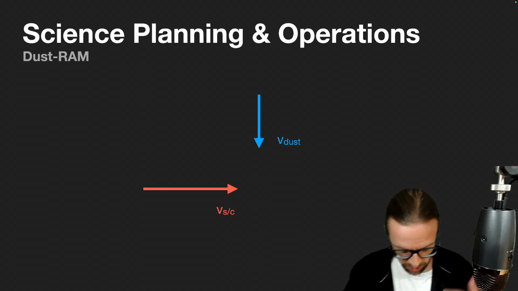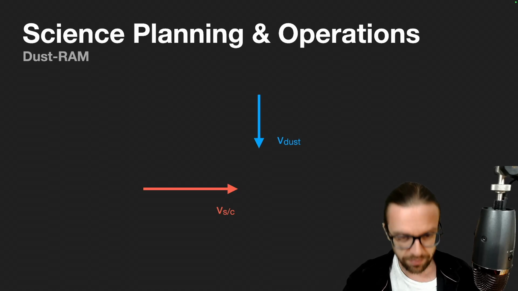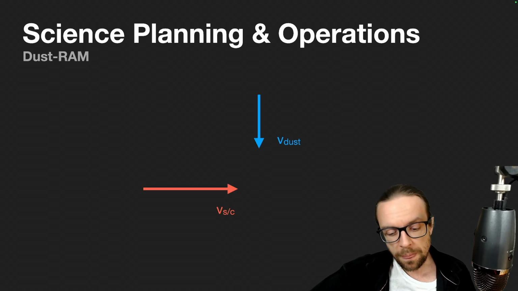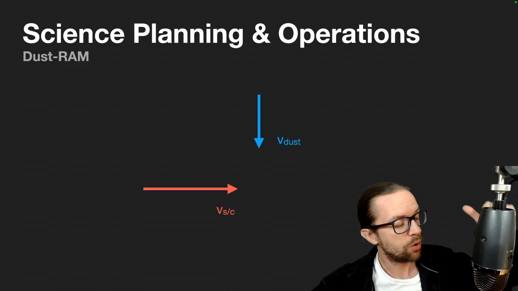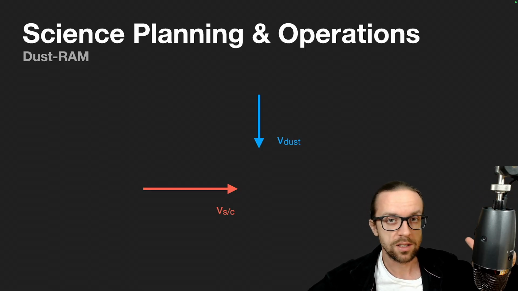Now, try to do the mental gymnastics of sitting in a train. So you're sitting in a train and it's raining, there's no wind, and the train is standing still. You see how the rain is coming down in vertical lines, right?